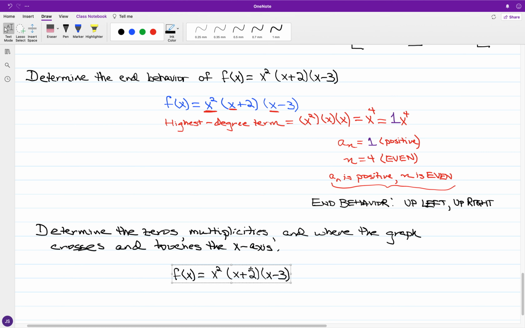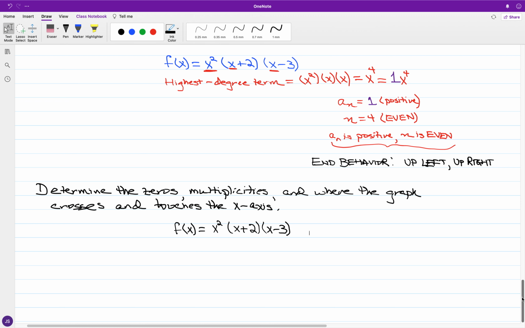Again, still working with the same function. Now the end behavior, again, you have up to the left and up to the right. Now for the zeros and the multiplicities.